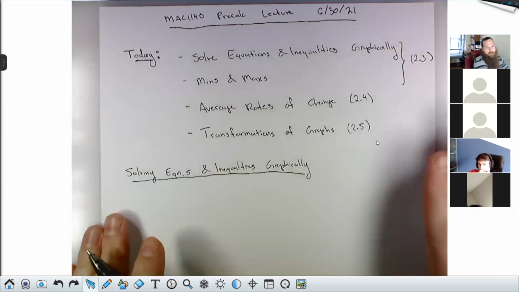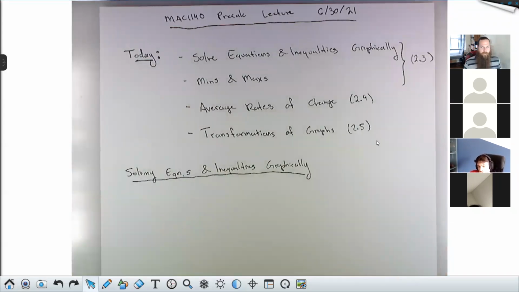This means what it sounds like. It means instead of taking an inequality and trying to solve it using algebra tricks, you're going to take that same inequality, look at the graph of both sides, so treating each side of the inequality as a function, graph each of those functions, and then use the picture to solve the inequality.